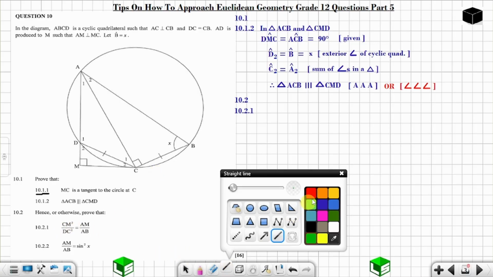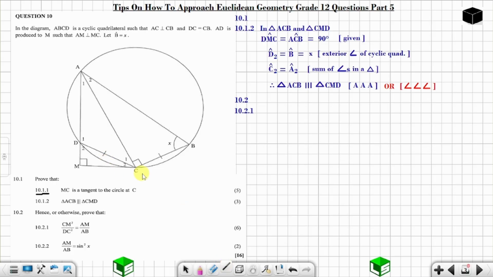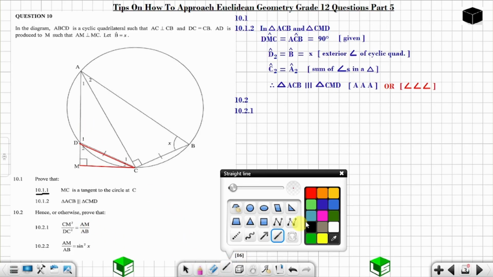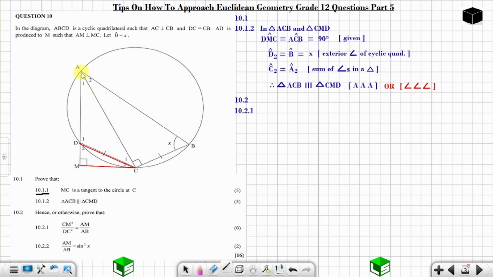We need CM, this is CM, and we need DC, this is DC, and we need AM, this is AM. Let me show you. You have AM. We need AB. You have AB.